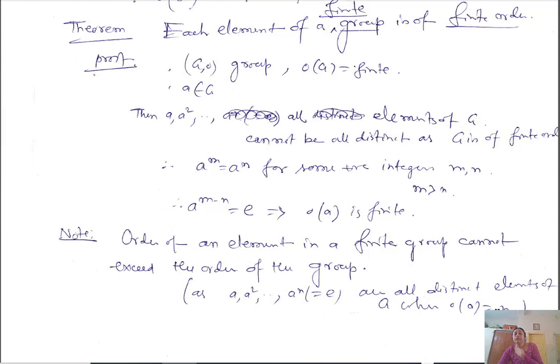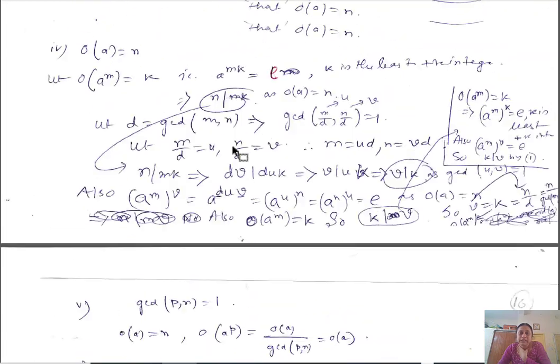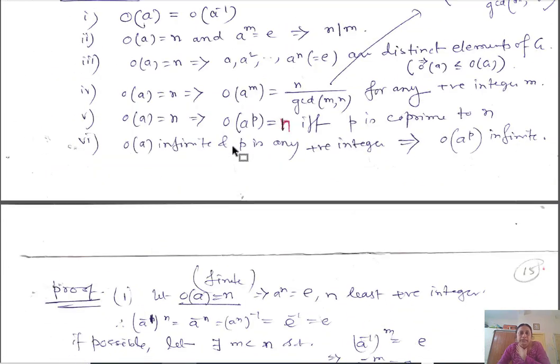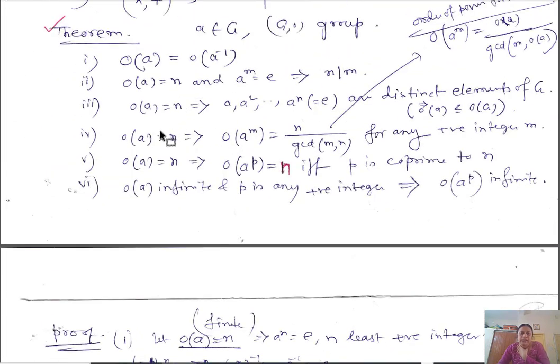Already we have proved these things: if the group order is n, then a, a square, a cube, up to a to the power n, which is actually e, are all distinct.